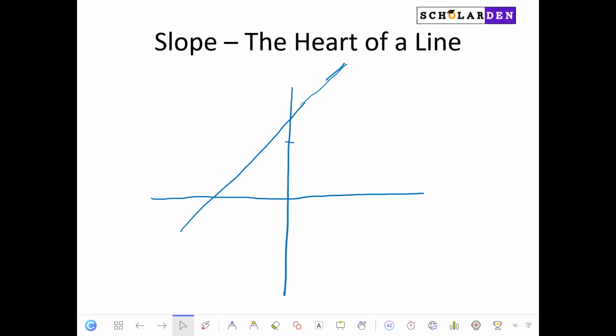So this is 3, this is 2, this is 1, and let's call this 4. And let's call this 4 as well, just for simplicity's sake, and this is 3. So these are all the negative signs, -1, and this is your origin, along the x-axis and the y-axis.